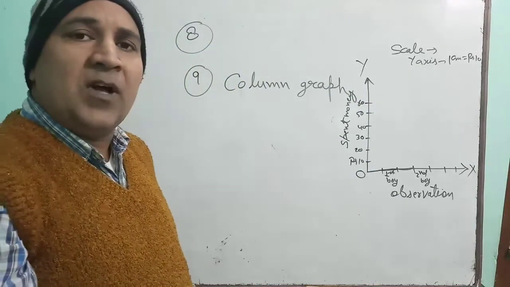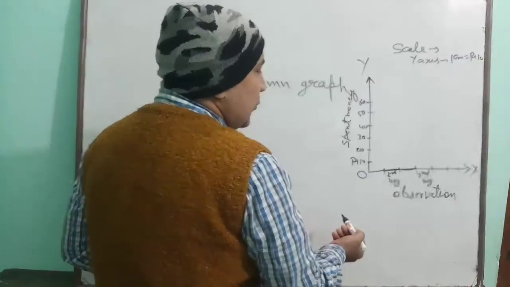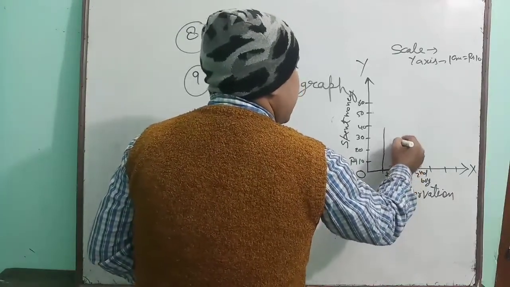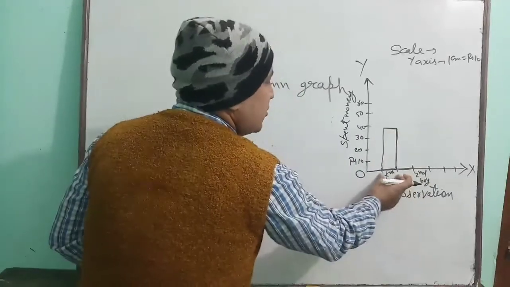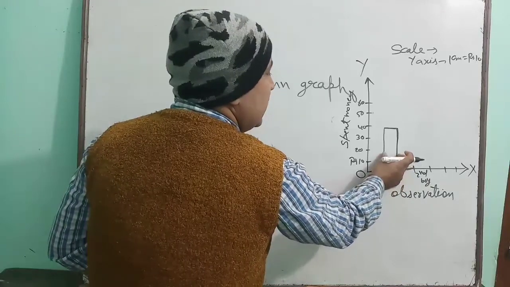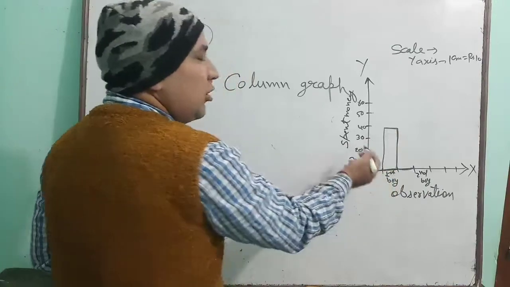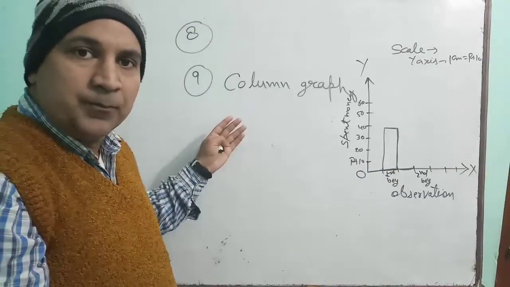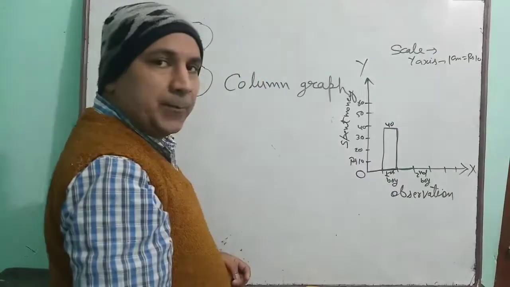I am giving you one example. Suppose the first boy is spending 40 rupees. So with the help of the scale, on the second box which you are denoting for the first boy, you will make a rectangle up to 40. So this is the column graph which you have to represent in the 9th question. At the top of this write 40.